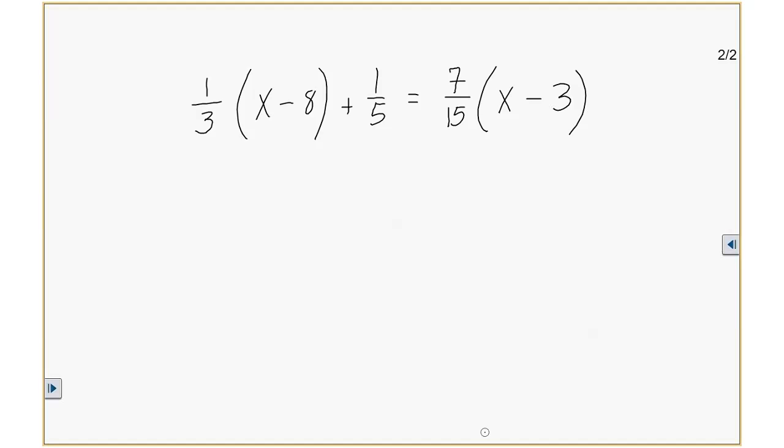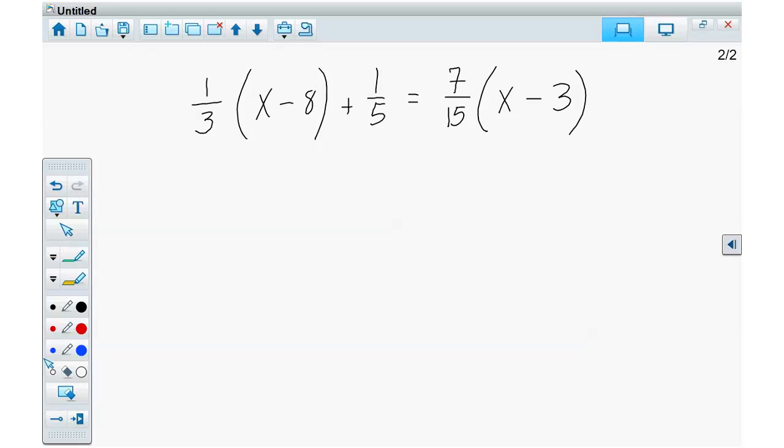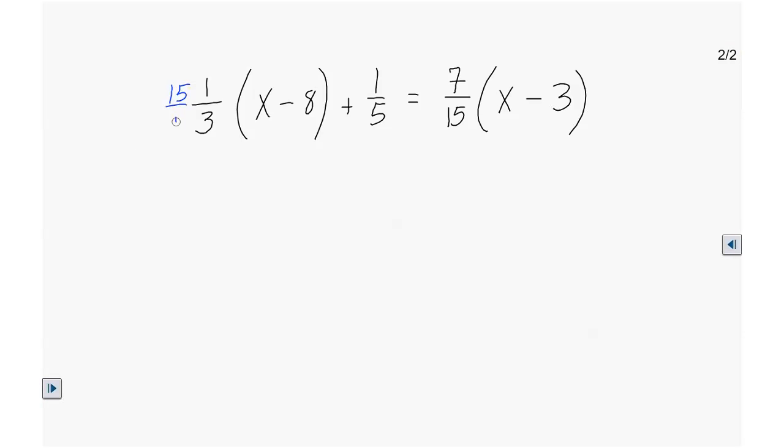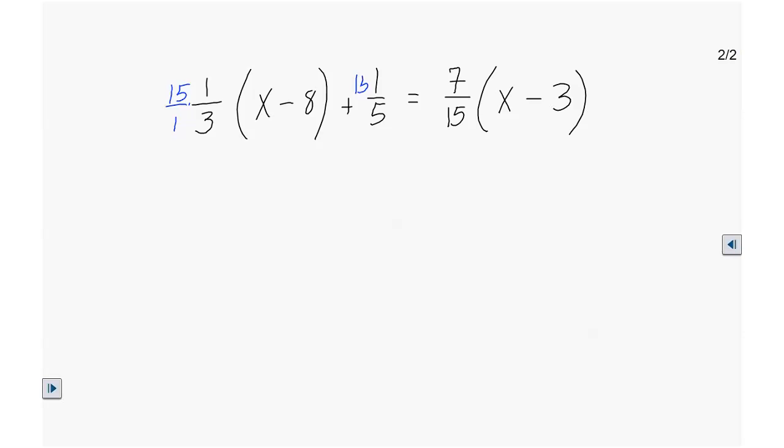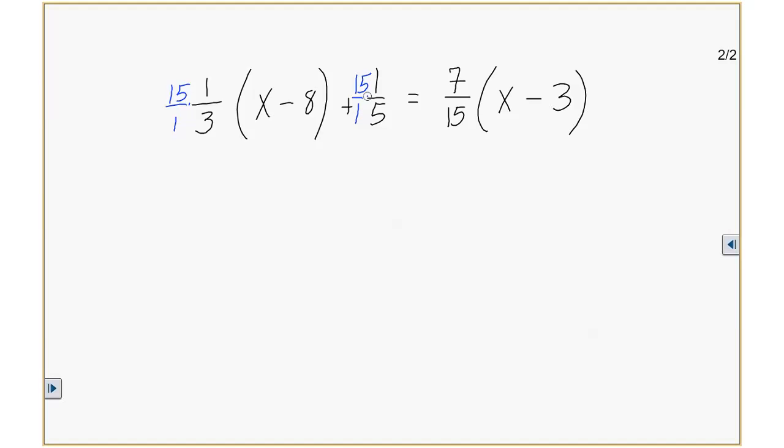What's the common denominator of 15, 5, and 3? So you put a 15 over 1 here, 15 over 1 here, and a 15 over 1 here.